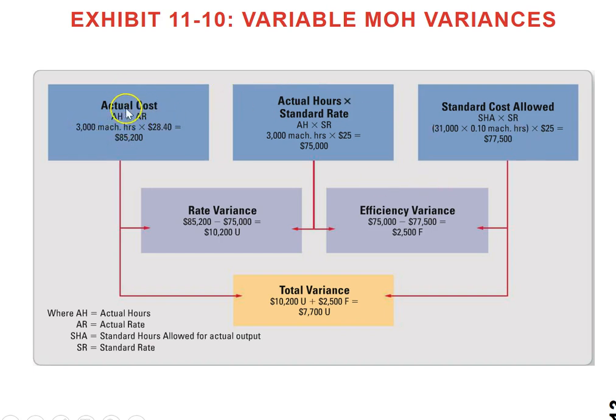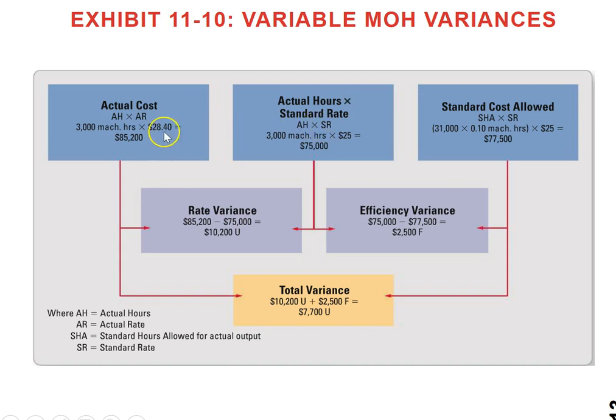The first box is all actual, and overhead is usually driven by either the number of machine hours or the number of labor hours. So here you are using the actual hours times the actual rate in box 1. In box 2 you are using the actual hours, but the standard rate.